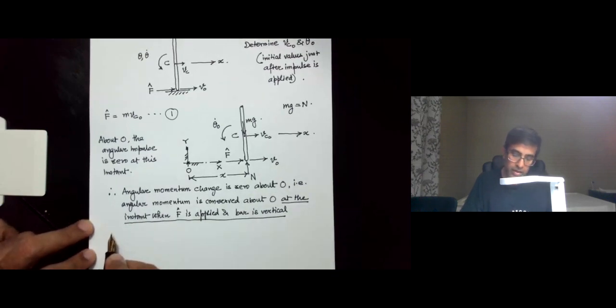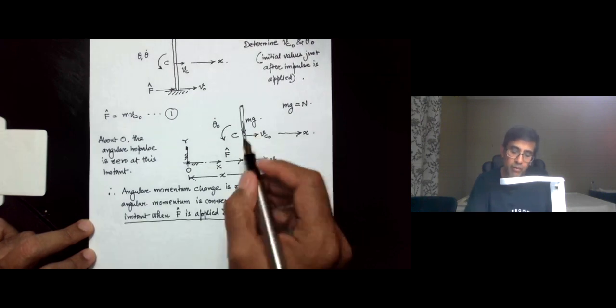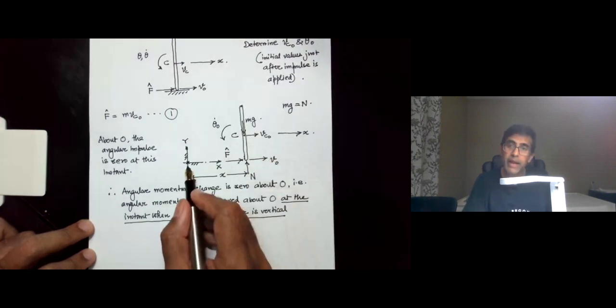So now, the initial angular momentum is equal to 0. Therefore the final angular momentum just after the impulse is applied is also going to be equal to 0. Now, what is the angular momentum of this bar about this point O?